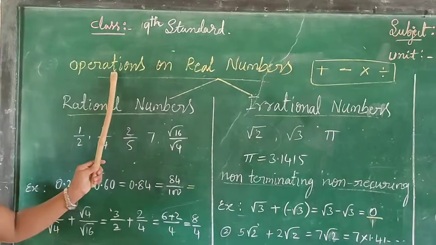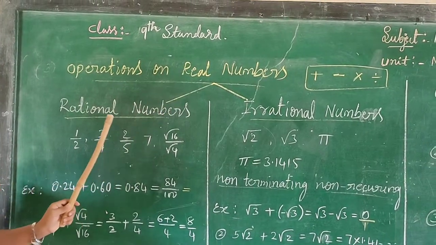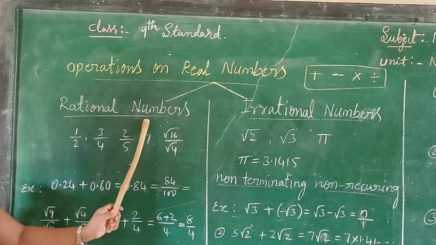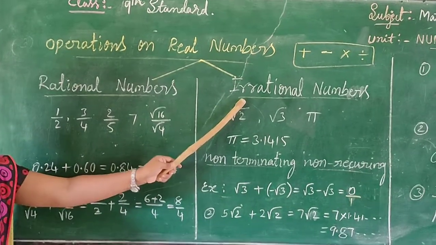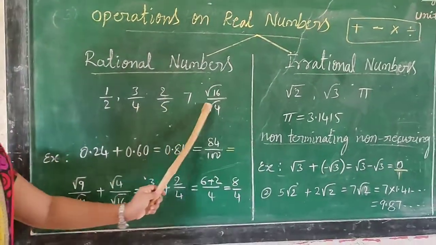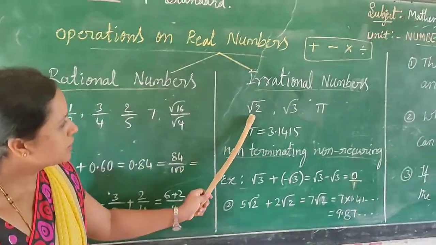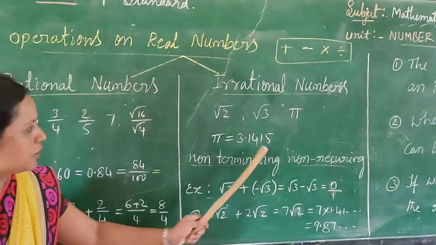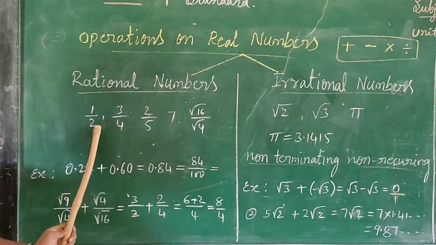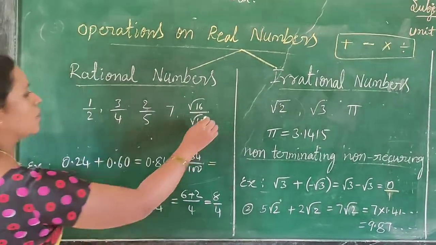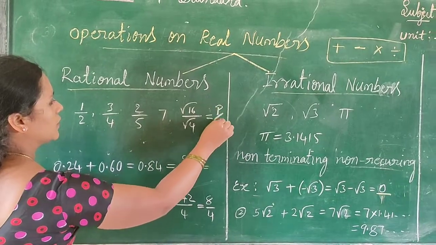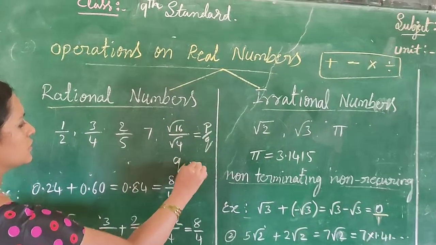So before going to these operations, now we can recall what are rational numbers and irrational numbers. Look at these examples. These are all rational numbers. Here these are all irrational numbers. The rational numbers means it can be expressed in the form of p by q, where q is not equal to 0.